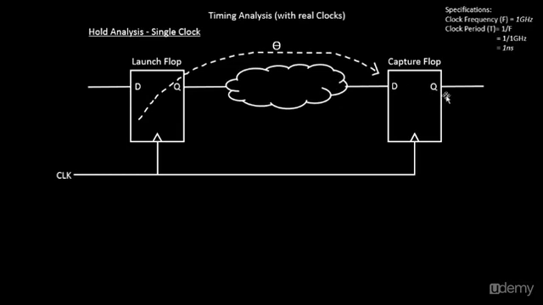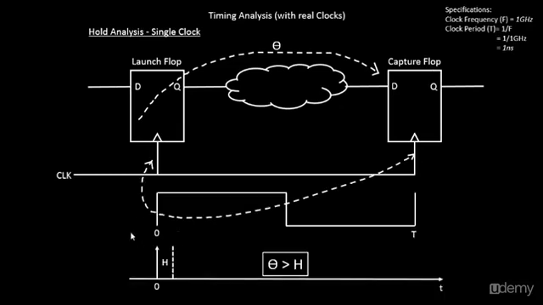Now let us look into the hold timing analysis. We have understood what the hold time is. The timing analysis says something like this: you have the clock edge at the zeroth time period, which is being sent to the launch flop clock endpoint, and the same clock edge is being sent to the capture flop clock endpoint. This is quite different from the setup timing analysis.